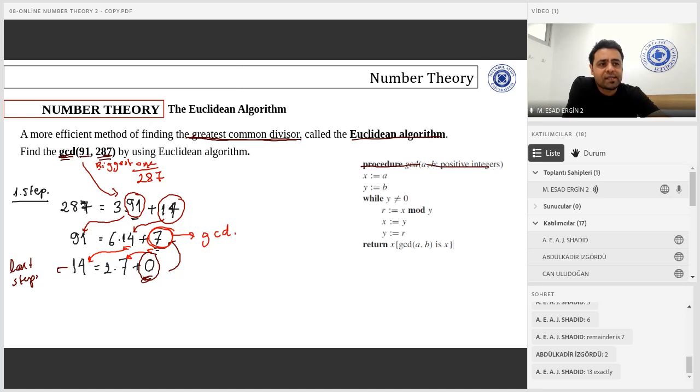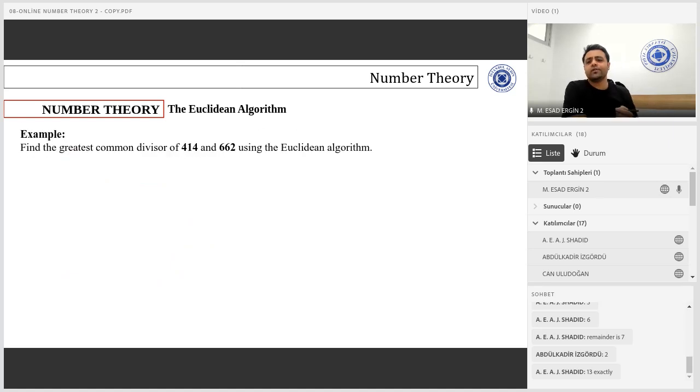We are going to do some more examples with this one, and you are going to get the idea. For example, find the greatest common divisor of 414 and 662 using the Euclidean algorithm. At first, we take the bigger one: 662 equals how many times I have 414 inside of the 662.